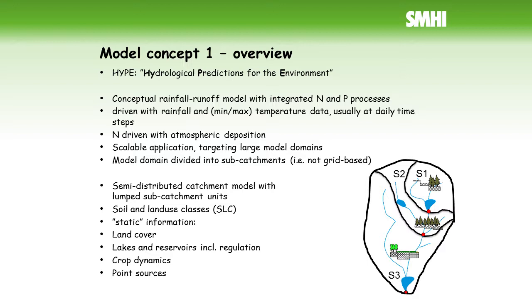You can also use minimum and maximum daily temperatures, and we will come back to that later. It's to estimate radiation, which you can use, for instance, for evaporation. The nitrogen is driven by atmospheric deposition and many other things as well.